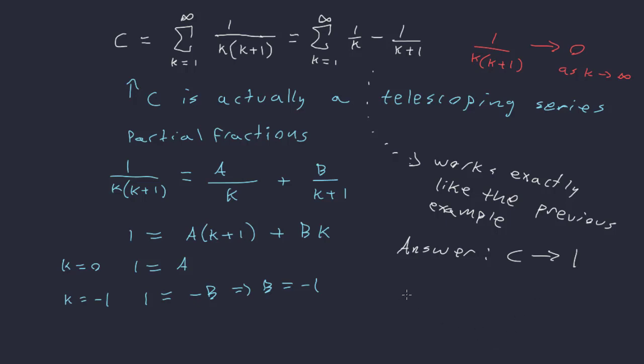So this would be good practice to try that out. But this is just to show that there are cases where you may have to do a little algebra or some other techniques to get it to be a telescoping series before you're actually able to determine if it converges or diverges.